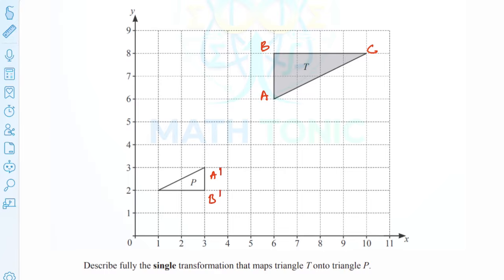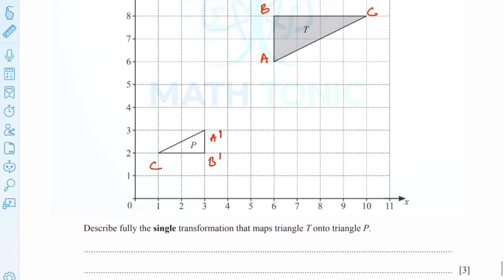If you see this properly, and this one is C dash. Okay, and by seeing the question, we can see this is a question of enlargement. Are you getting it? Because the size of the triangle reduces from T to P, this is a question of enlargement. Okay, it's a 3-mark question. This is the question of enlargement by a scale factor. We need to write down the scale factor as well.